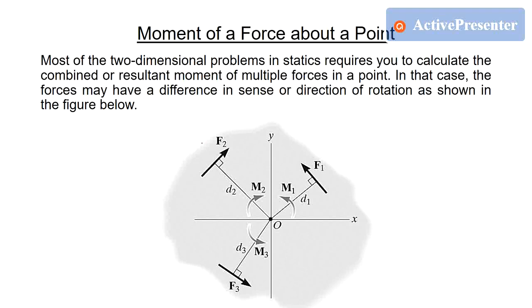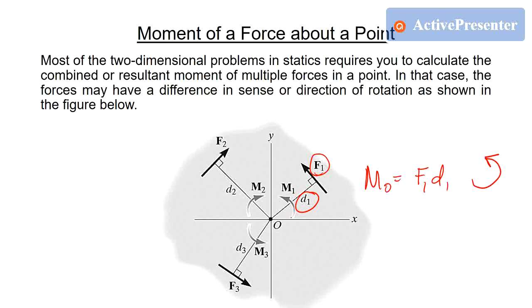As you can see, we have three forces lying on the xy plane as shown. If we want to get the moment at point O, which is the origin or the moment center in this case, using F1 and D1, the moment about point O is F1 times D1, and the effect is counterclockwise.